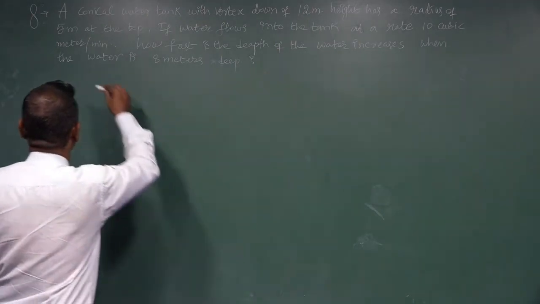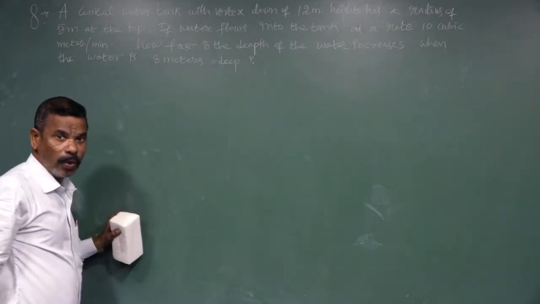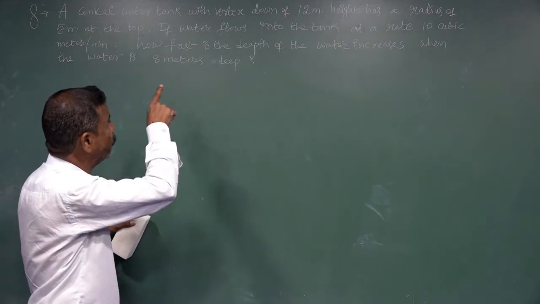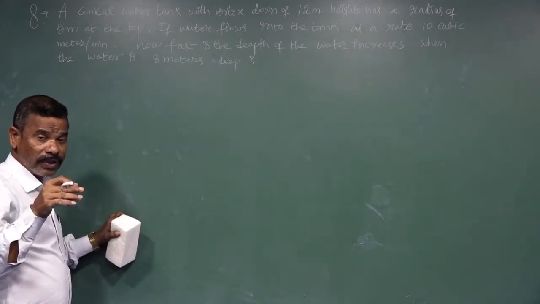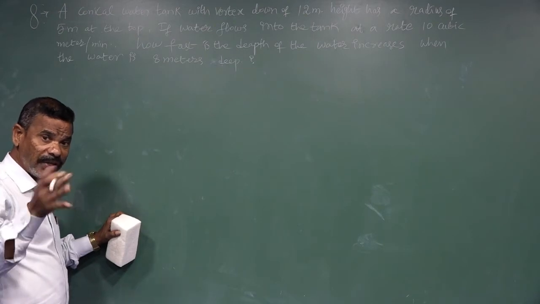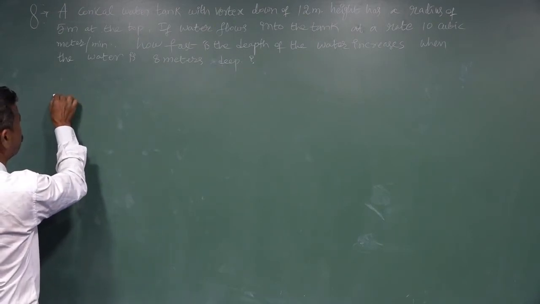So here the diagram is a conical tank with vertex down, an inverted cone.